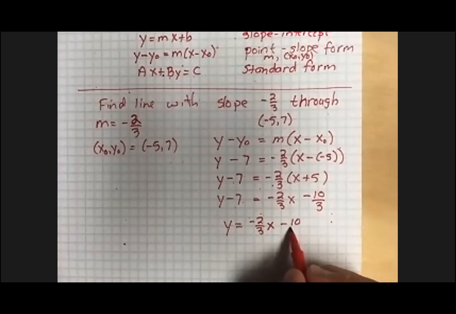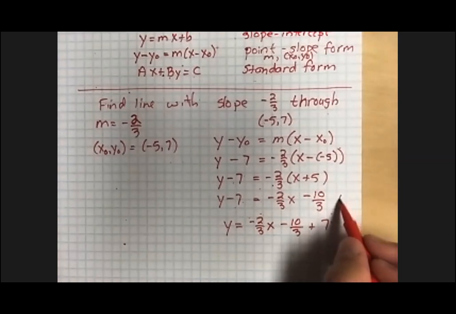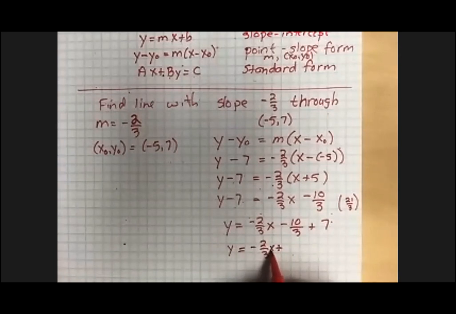But I've got these crazy thirds right here, right? So I got to turn 7 into thirds. 7 is 21 thirds. So if I have negative 10 thirds plus 21 thirds, what I got is what? Net positive 11 thirds.